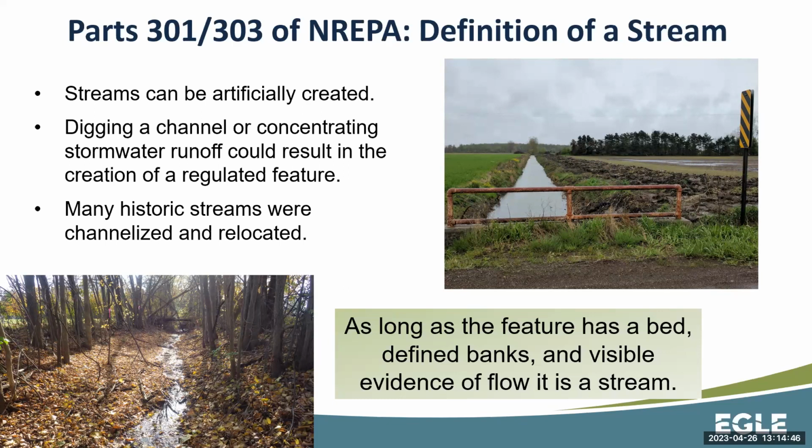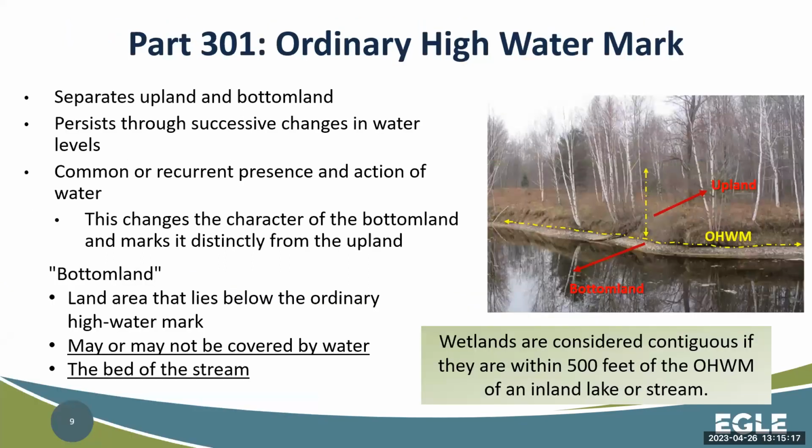So when you see a straight linear ditch, at some point in time, that could have been a natural stream channel or a network of smaller stream channels that have been concentrated and relocated. But as long as the feature has a bed, defined banks, and visible evidence of flow, it is a stream. Michigan statute has a clear definition, and the statutory language hasn't changed in many years.